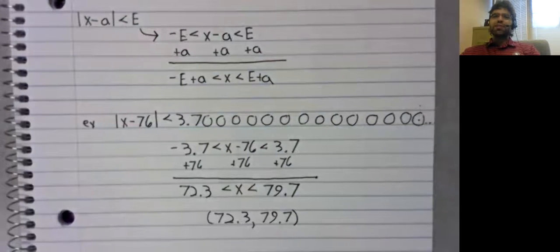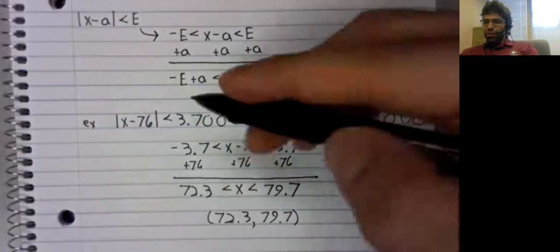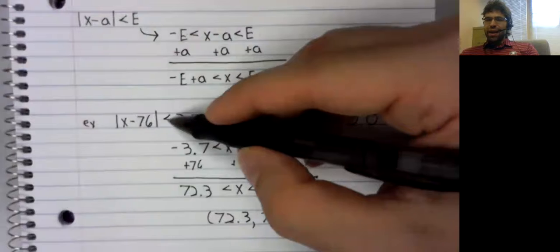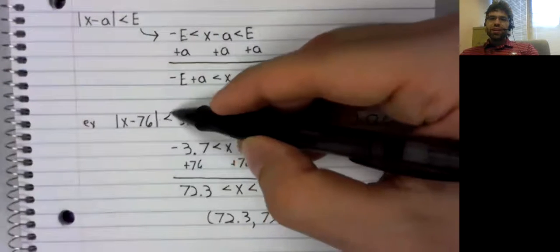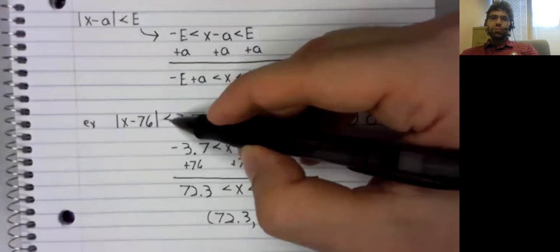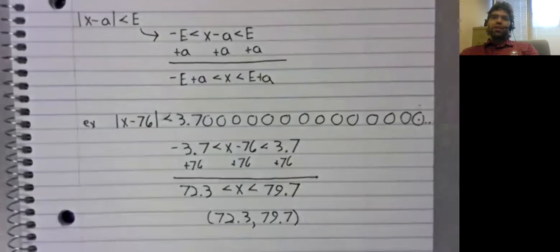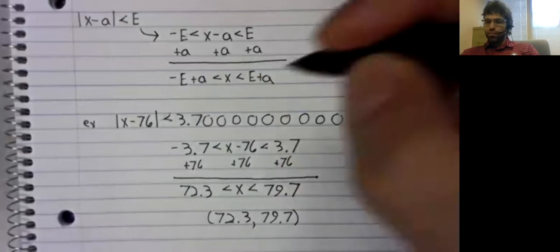Well, you're not exactly equal to 3.7, are you? So the reason it doesn't really matter if we have less than or equal to is that realistically you're not going to be equal to.